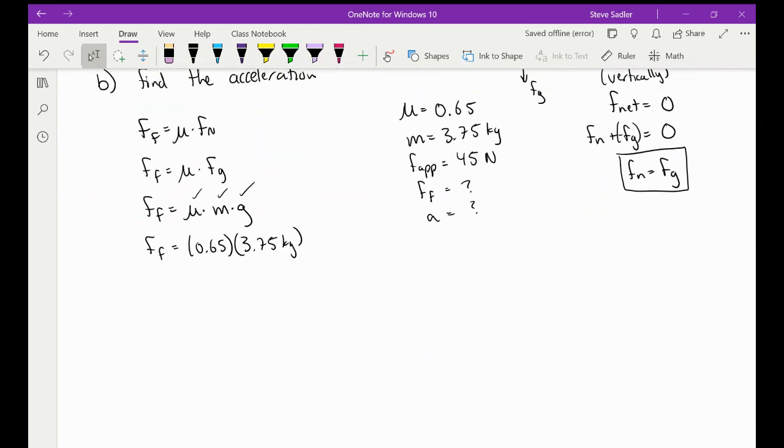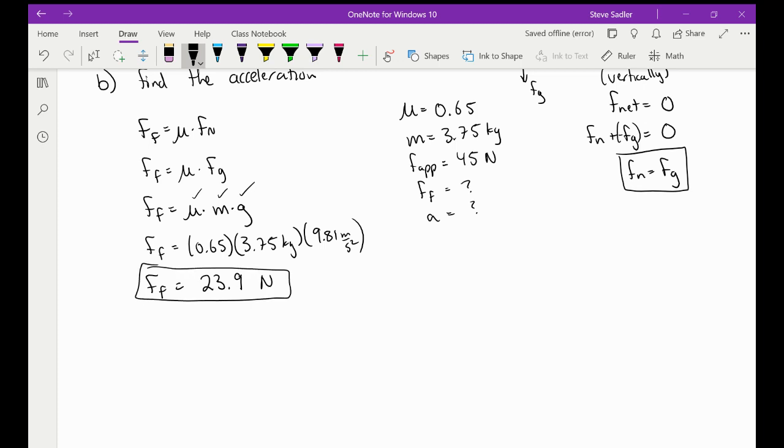So 0.65 multiplied by 3.75 kilograms, and g is 9.81 meters per second squared. So we type all of that into our handy dandy calculator, and we get 23.9 newtons.